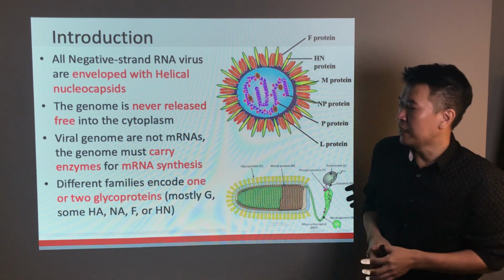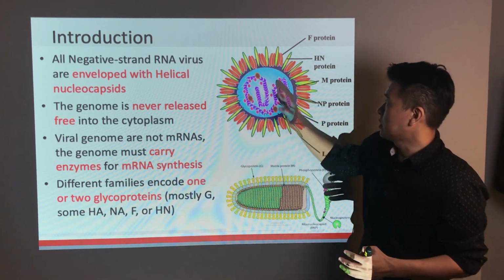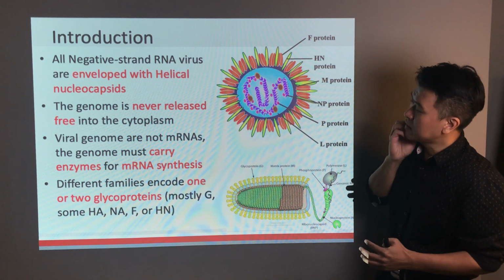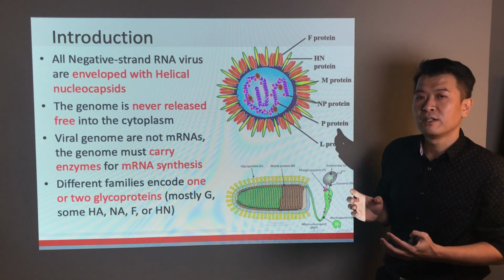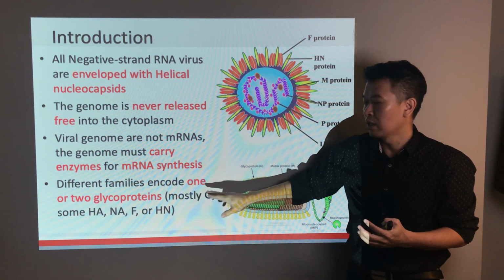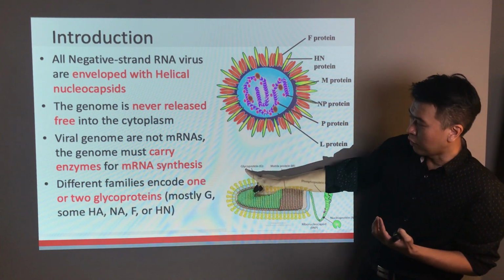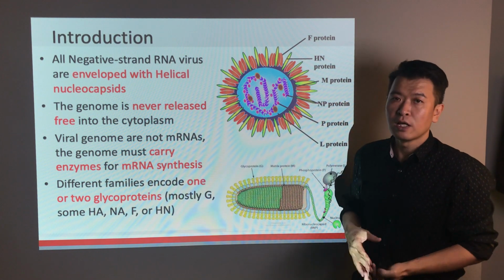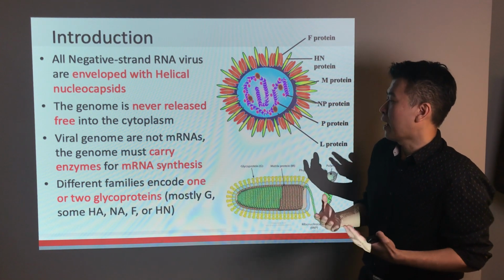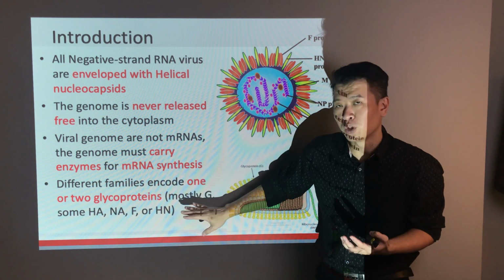Then different families encode one or two glycoproteins. As we can see from here, some viruses have just one G protein, as in this case, they only have one glycoprotein on the surface. But some viruses have more than one glycoprotein on their surface.